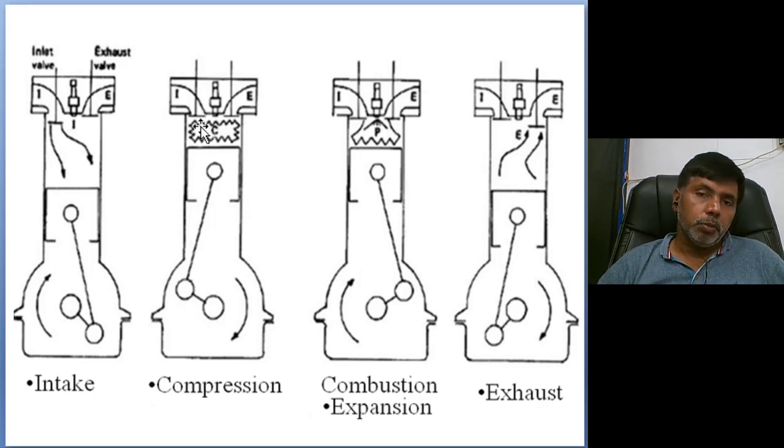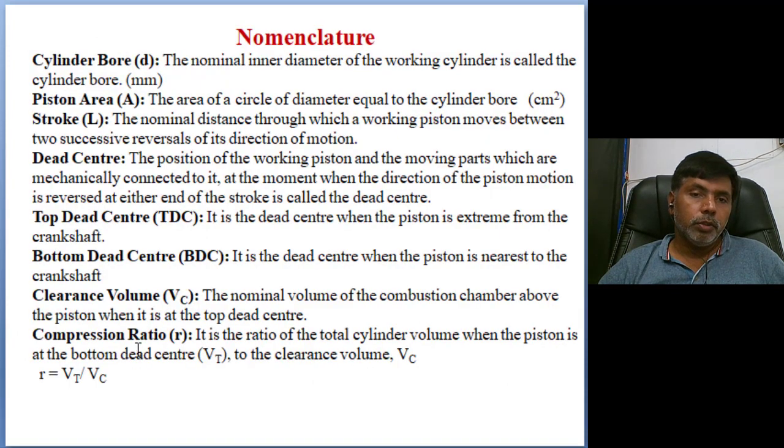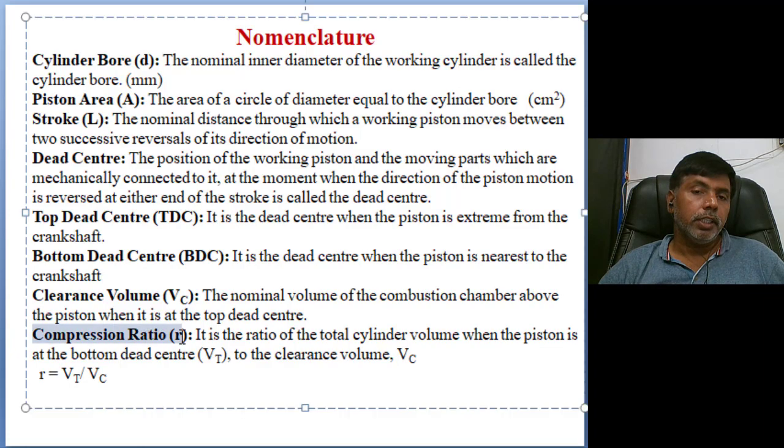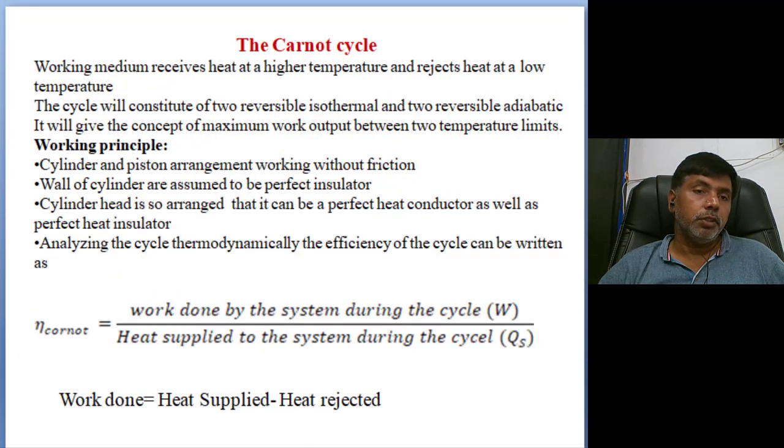So total volume is clearance volume plus stroke volume. Piston moving from BDC to TDC gives the stroke volume, plus clearance volume is called total volume. The ratio of total volume to clearance volume is called compression ratio r. So this is the small nomenclature we introduced.